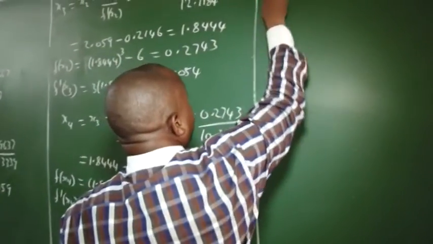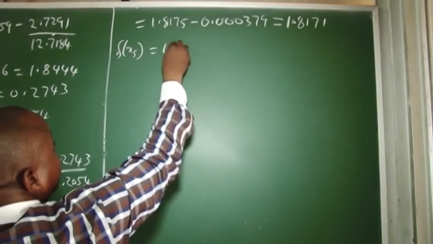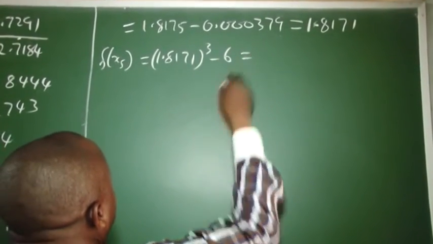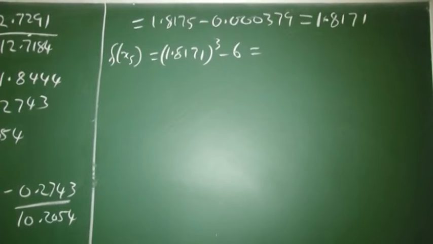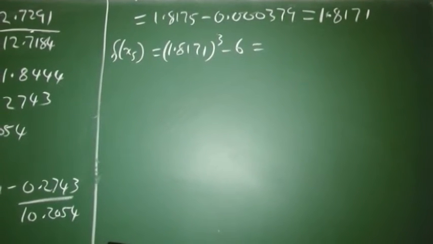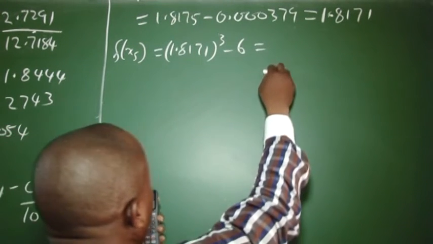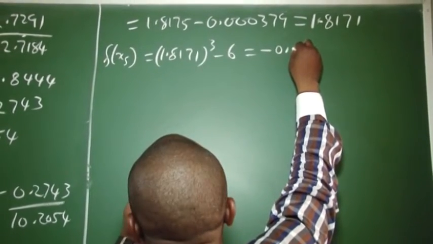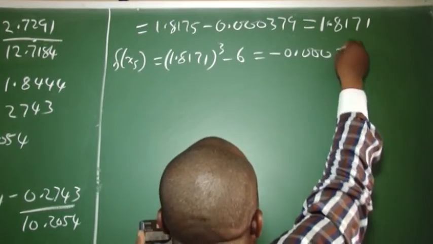Now we look at f of x5, which is 1.8171 cubed minus 6. That gives us minus 0.00020.